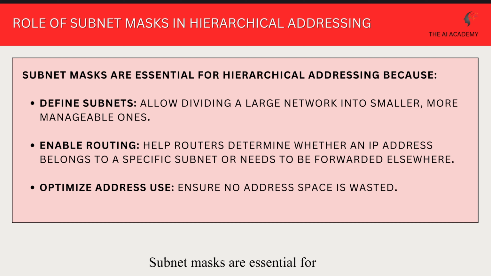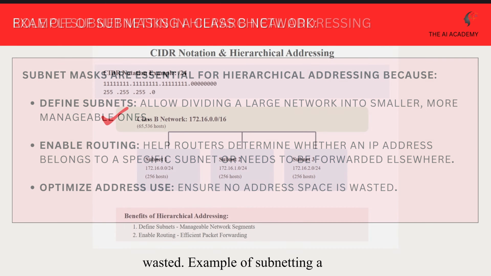Subnet masks are essential for hierarchical addressing because: 1. They define subnets, allowing a large network to be divided into smaller, more manageable ones. 2. They enable routing, helping routers determine whether an IP address belongs to a specific subnet or needs to be forwarded elsewhere. 3. They optimize address use, ensuring no address space is wasted.